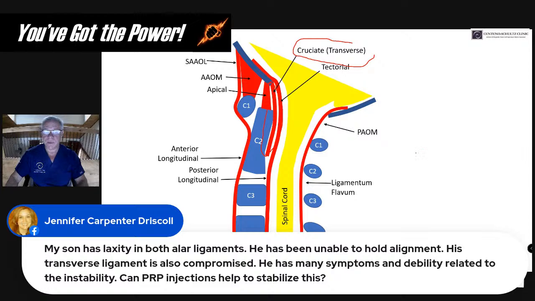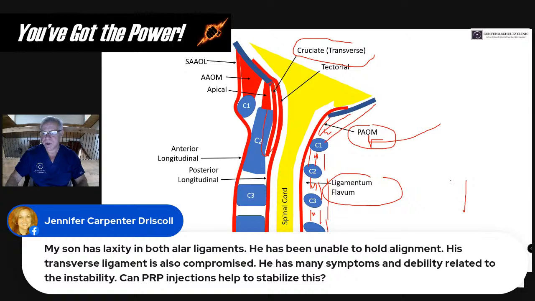When we're doing PRP injections from the back, we can get to things like the facet joints, the ligamentum flavum, the nuchal ligament, which is up here, the vertebral-dural ligament, which is down here, and the supraspinous and interspinous ligaments down there. So that's a posterior injection.